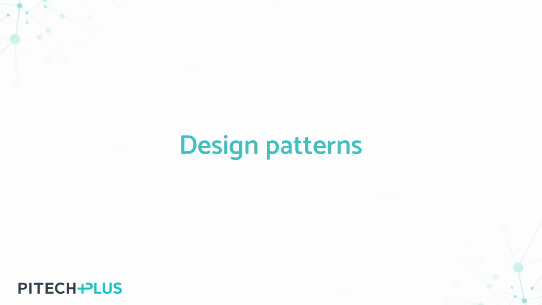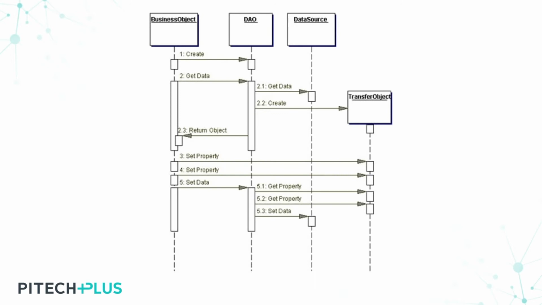Perfect. Then let's see how we process the data. As I said in one of the first slides, we will use the data access object pattern, and I briefly explained what these do.